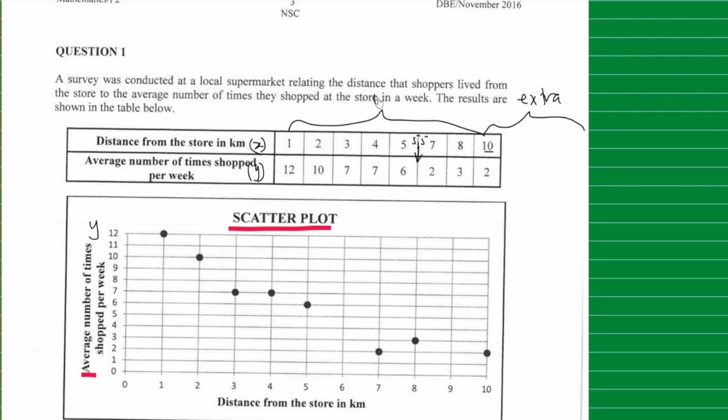But if it is interpolation, you are working between the 1 and the 10. So basically the regression line is used to predict values of one variable when the corresponding values of the other variable are given.